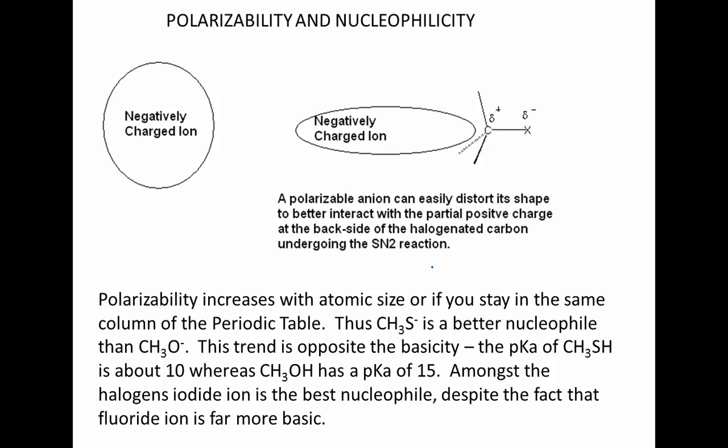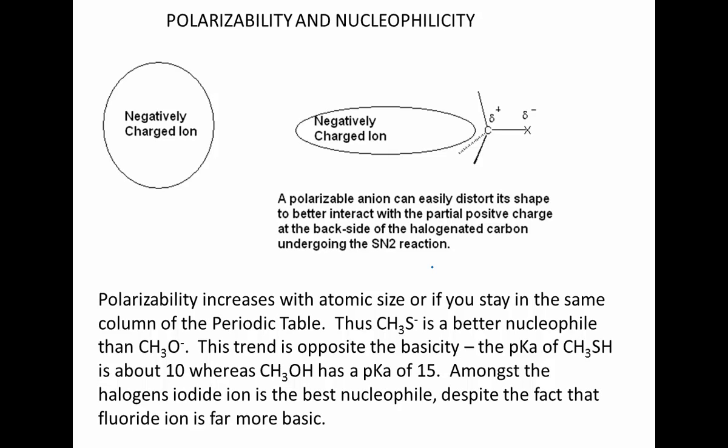But a more important factor probably is the polarizability. All right, so over here on the right, I have just a sphere, and this is what we're going to call our negatively charged ion out in space with nothing around it.